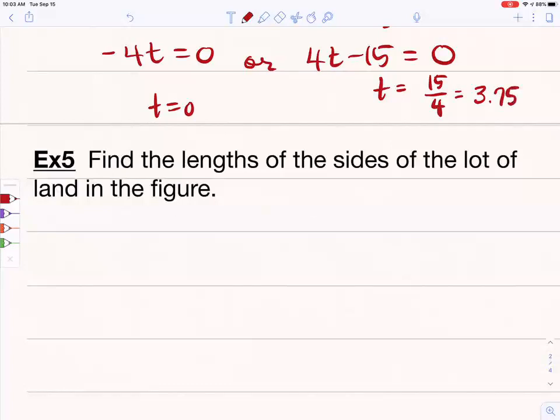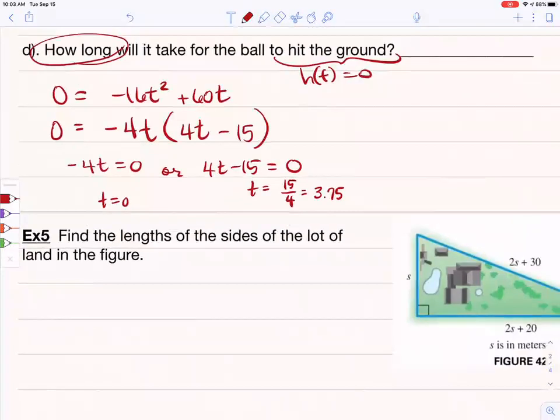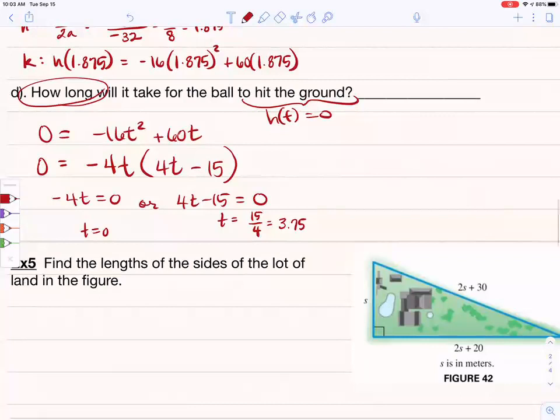This would be a time where 15/4 is a good answer, but because it's time, we would never answer like this. My lab would not accept this as an answer because it doesn't make sense. And by the way, let's go back to the blank. 3.75 what? Seconds. So that's how long the ball was in the air from start to finish.